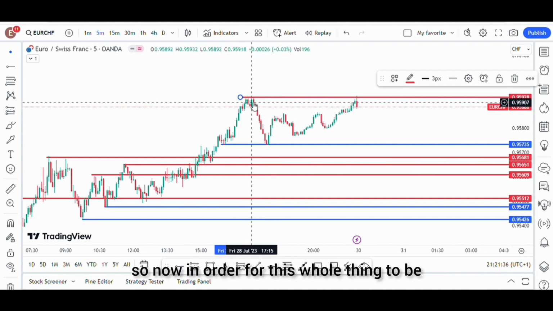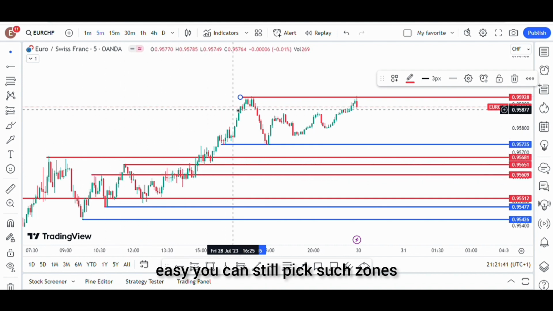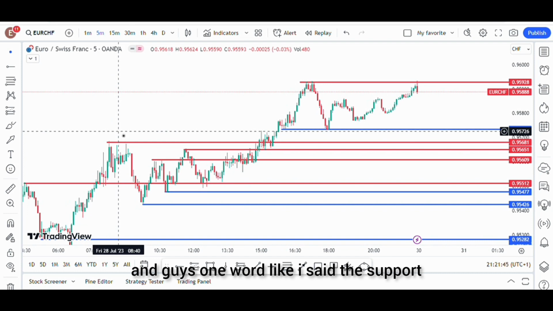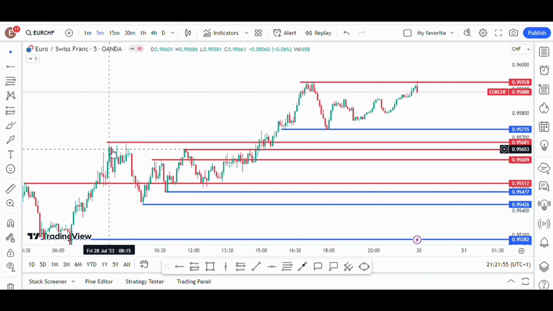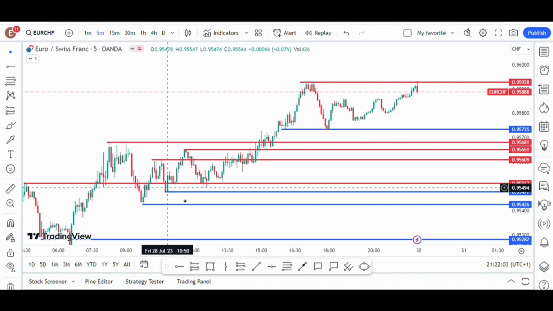So in order for this whole thing to be easy, you can still pick such zones. And guys, like I said, the support and resistance topic is a very complex topic. You have your wicks and you have the zones, like from the body of the candle to the top of the wick. These are resistance zones.